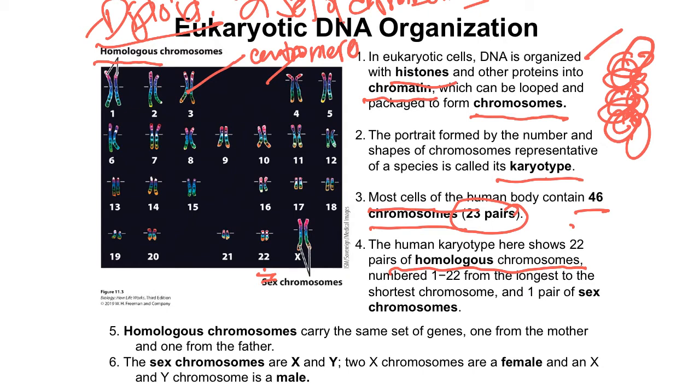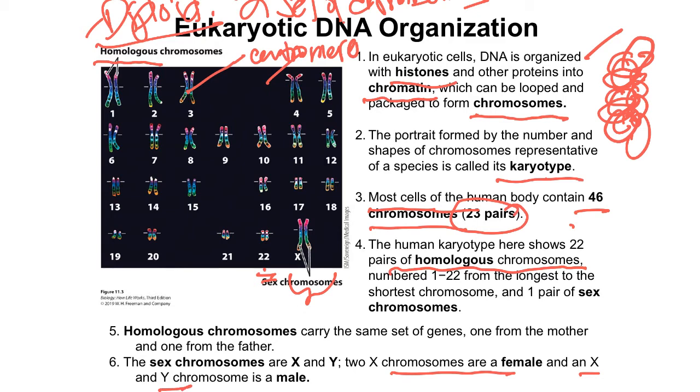And of course, a very special pair called the sex chromosomes. Okay, and in female, there are two X chromosomes, and in male there is one X chromosome and one Y chromosome.